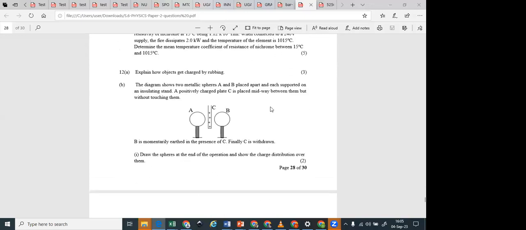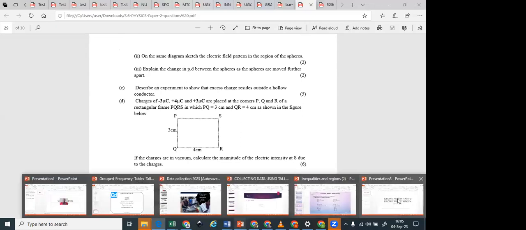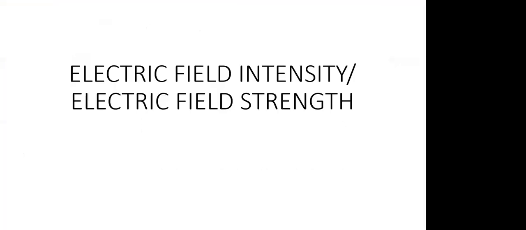So that is the section we are going to continue with, such that by the time we go back, we have really mastered it. Today we are mainly going to focus on electric field intensity, or electric field strength.